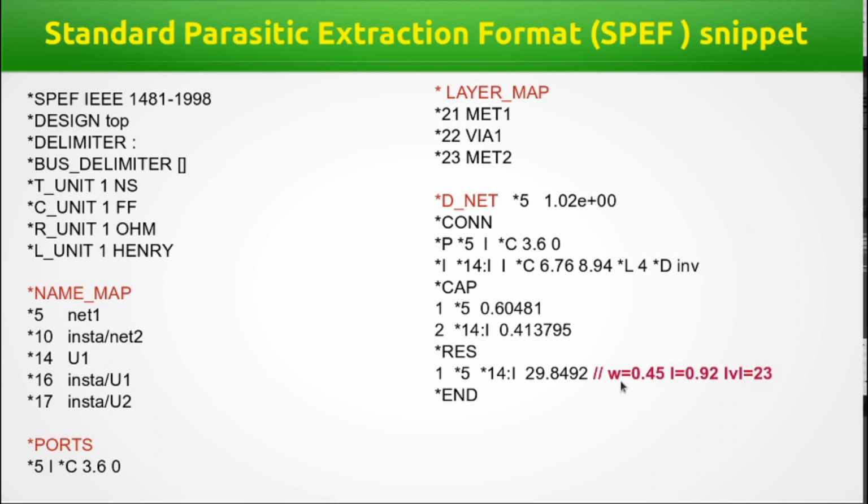It will contain width, length, and LVL. LVL means this is the layer map layer number. So 23 here means metal 2. In case of via, instead of width and length, there will be area reported. The LVL will still be there. So this is just a snippet of SPEF. How does it look with the tail comment?